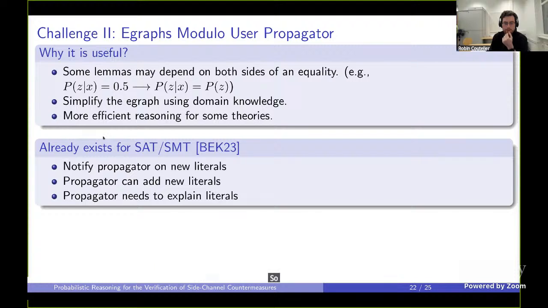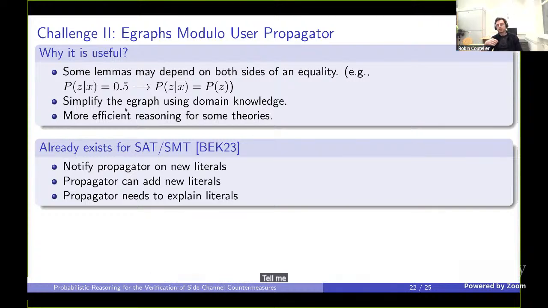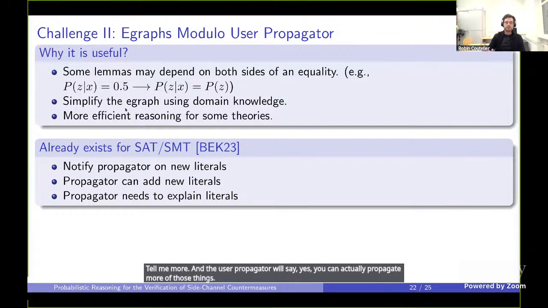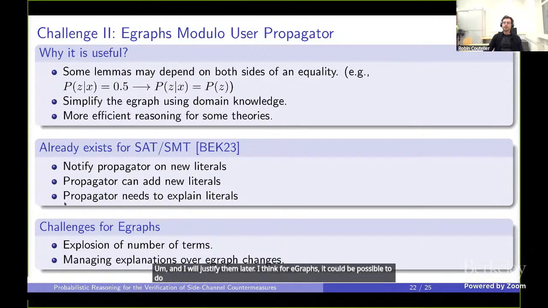A user propagator is a lambda function that the SAT solver calls at regular intervals, saying, here are a bunch of literals that I have assigned. Can you tell me more? And the user propagator will say, yes, you can actually propagate more of those things, and I will justify them later. I think for egraphs, it could be possible to do something similar.